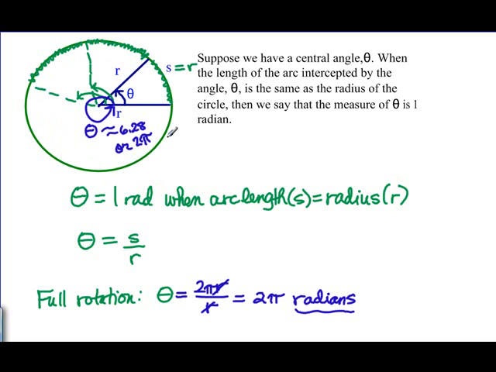Now, some important things you are going to need to know are some of the common angles in terms of radians. But before we get to that, let's think about this relationship, okay? We know from what we just talked about that 360 degrees is 2 pi radians.